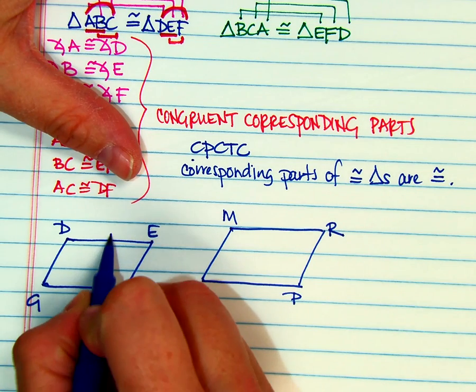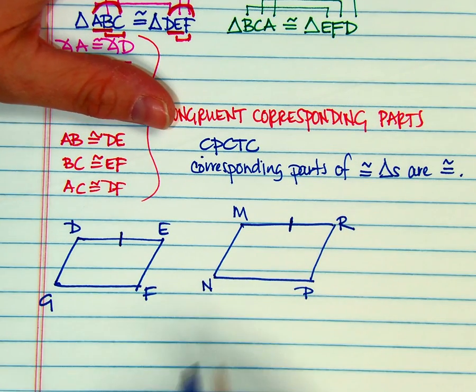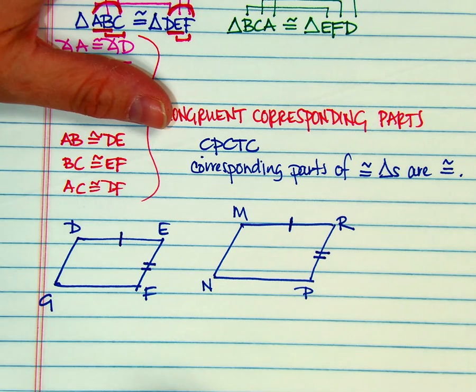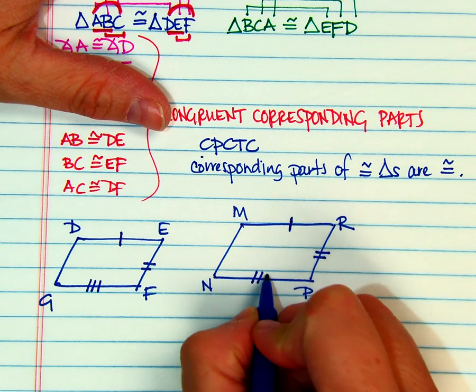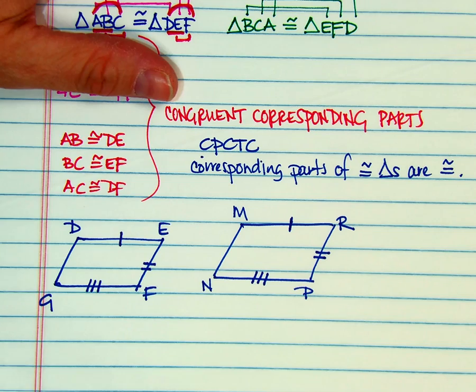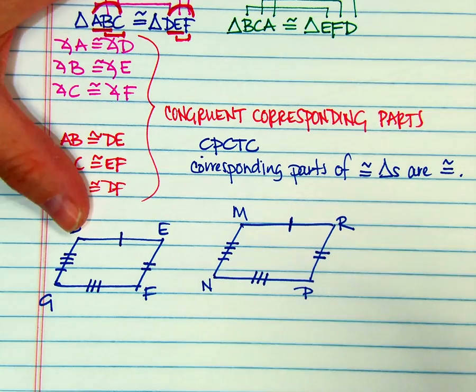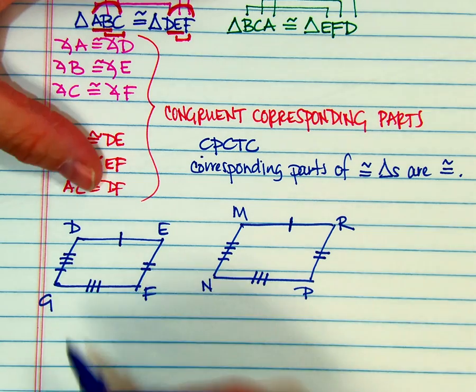So if I know that DE and MR are congruent, I can use one tick mark. Let's say EF is congruent to PR, then that's another tick mark. GF is congruent to NP, that might be a third tick mark, and then these could have 4 tick marks. So even those tick marks will show congruency.